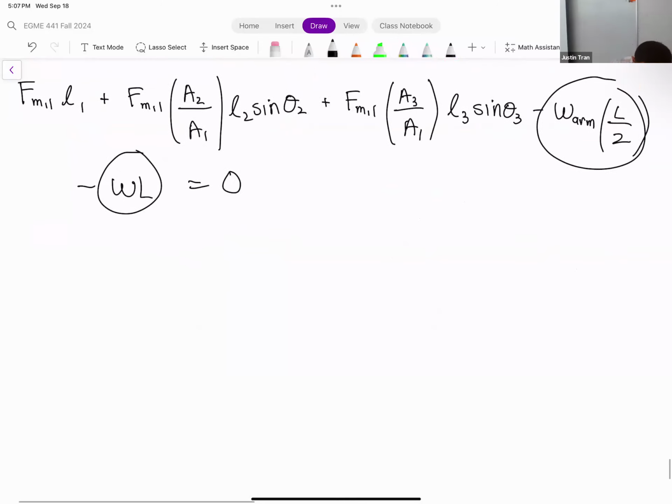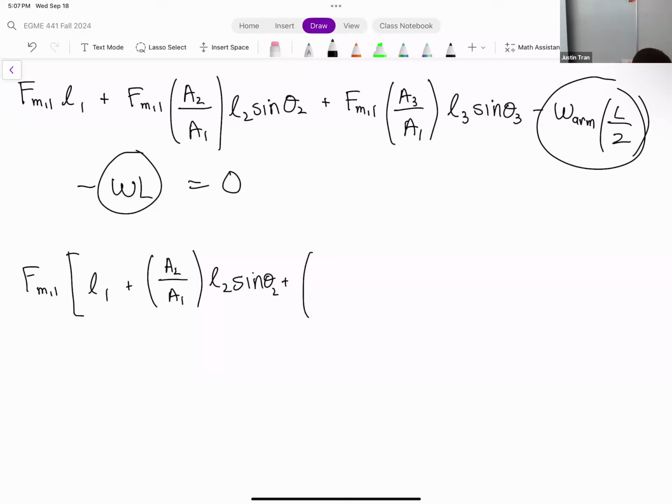On the left-hand side, we have FM1 times quantity L1 plus A2 over A1 L2 sine of theta 2 plus A3 over A1 L3 sine of theta 3.